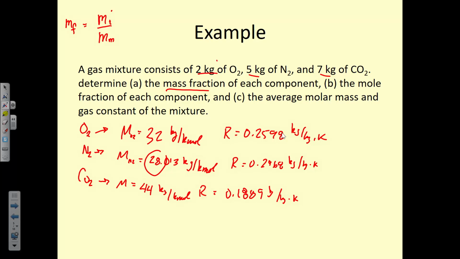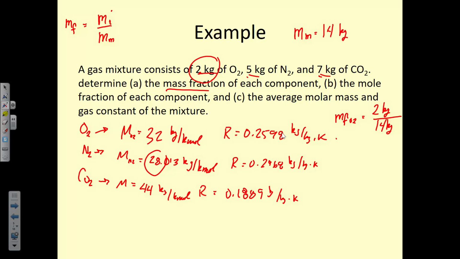So for each one of these, we know we have 2 kilograms of O2, right? So the mass fraction of O2 is going to be equal to 2 kilograms over what? 14 kilograms, right? Because that's the total mass of the mixture. We just add 2 plus 5 plus 7, we get 14. So the total mass of the mixture is equal to 14 kilograms.